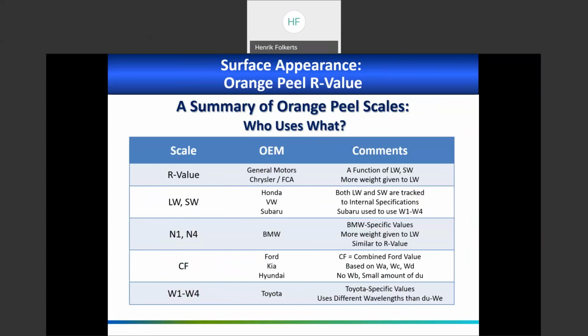BMW uses N1, N4. Ford, Kia, and Honda use CF. But Kia and Hyundai also use another number called the pack equation that gives them that balance we were talking about. And then Toyota has their own instrument, and they use W1 through W4.